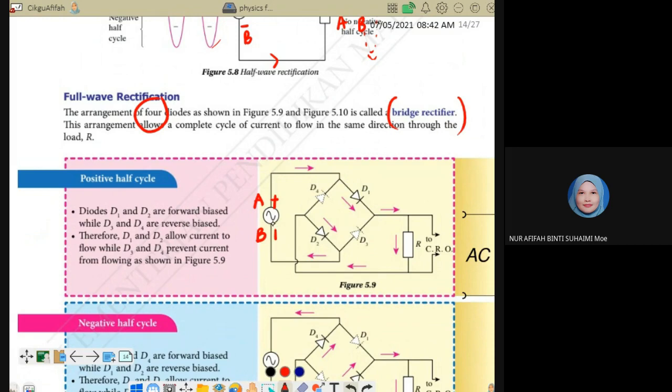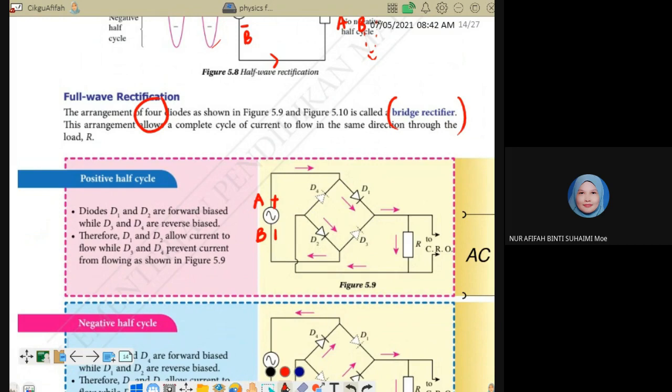And for negative half cycle B to A, the current will flow through D3 first, go to the resistor, and then go to D4, to A.